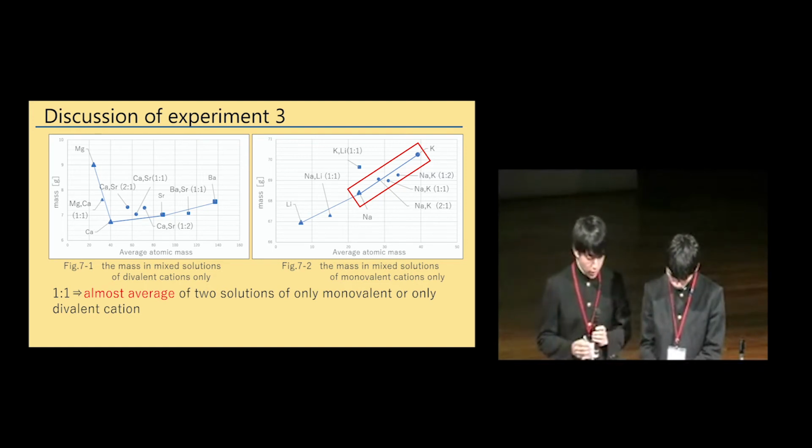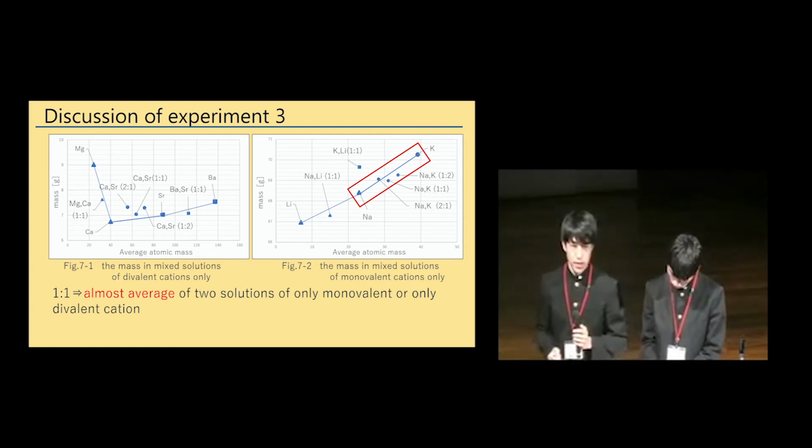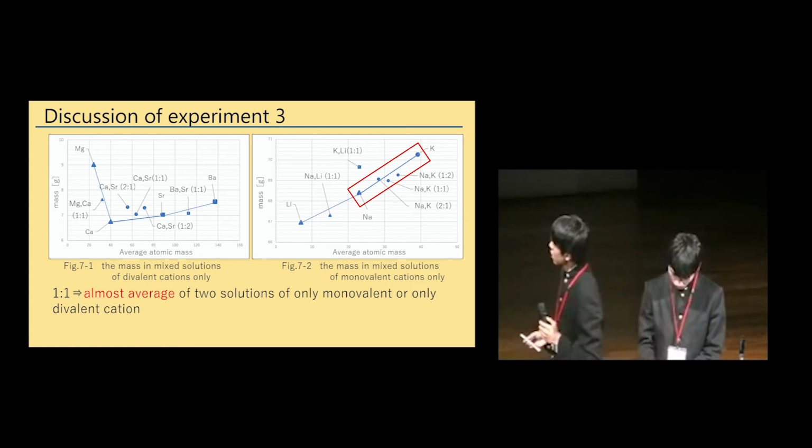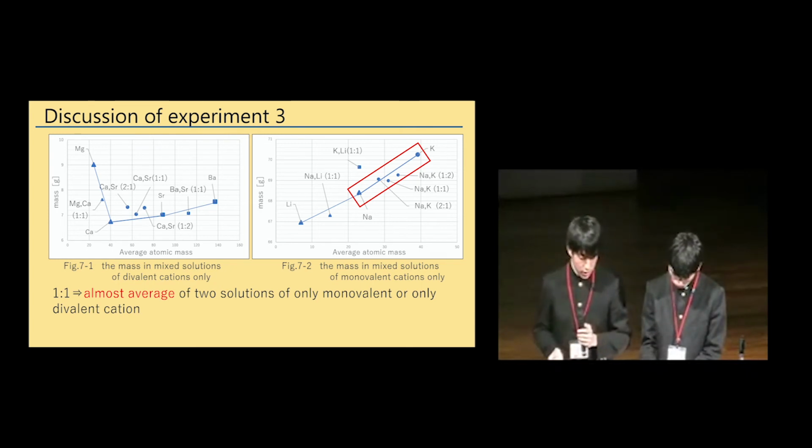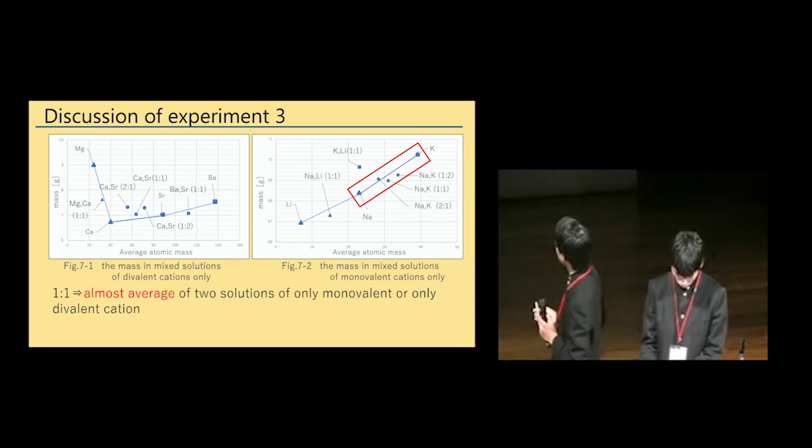Second, furthermore, the mass in 1:2 or 2:1 solution gets closer to the mass in the solution which accounts for the larger volume rate. For instance, only sodium ion, 2:1, 1:1, 1:2, and potassium ion form a line like this.